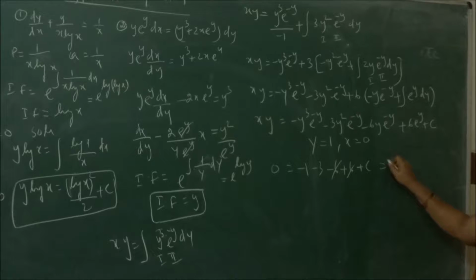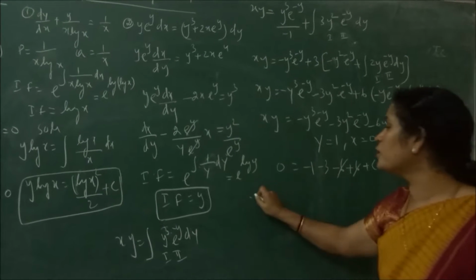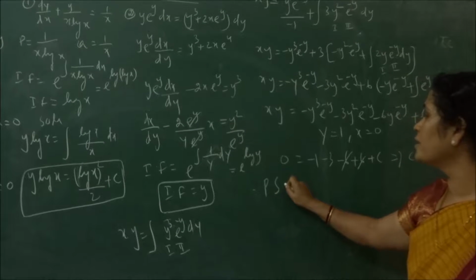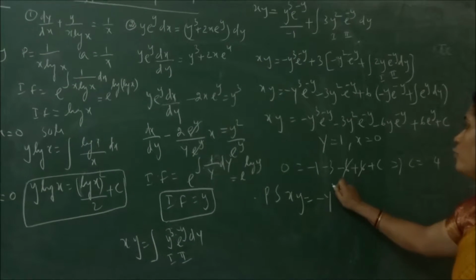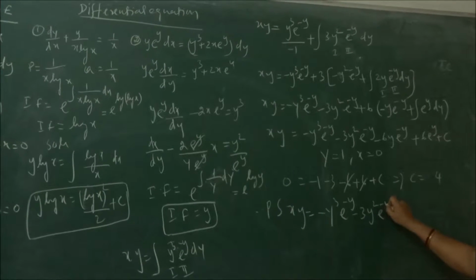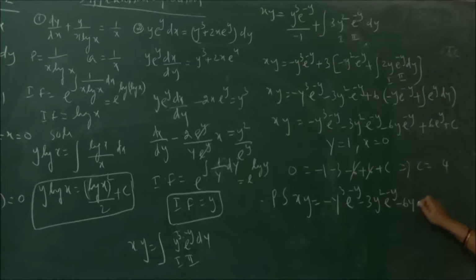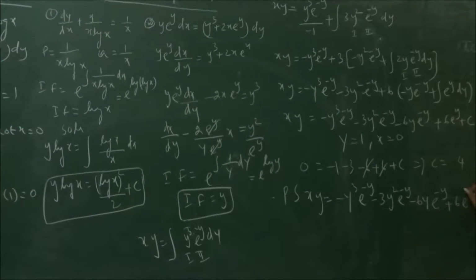This implies c is equal to, what I am getting, minus 4, sorry, plus 4. So therefore the particular solution, that is xy equal to, finally what I am getting, minus y cube into e power minus y, minus 3y square into e power minus y, minus 6y into e power minus y, and then plus 6 e power y, and then plus 4.